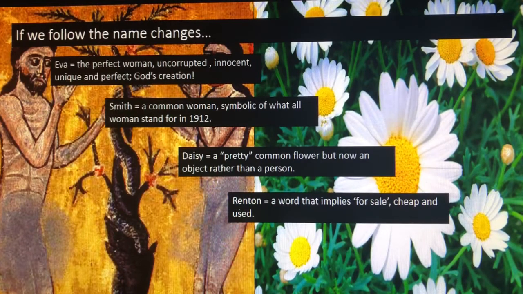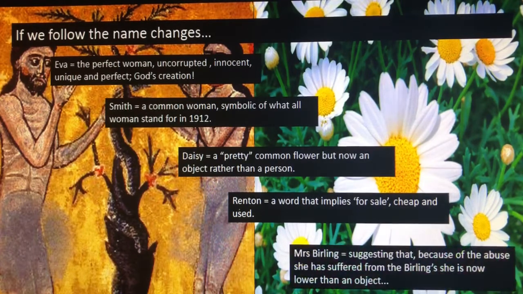Renton, a word that implies for sale, cheap and used, further objectifying her. And then lastly, she uses the name Mrs Birling, which suggests that because of the abuse she's suffered from the Birlings, she is now lower than an object, perhaps easier identifying Priestley's intentions for our own reaction to Mrs Birling herself, perhaps arguably the worst of the characters.